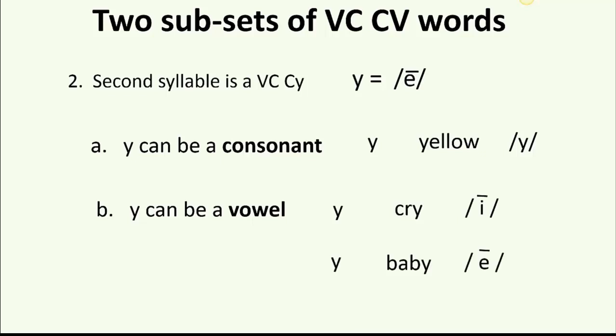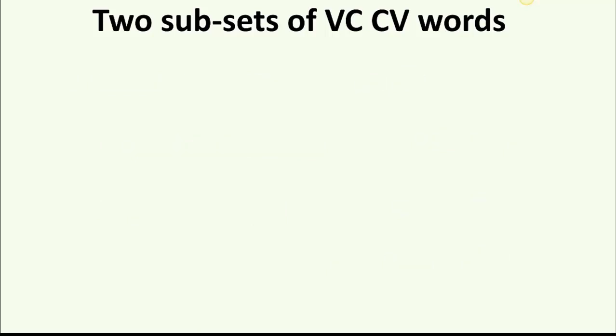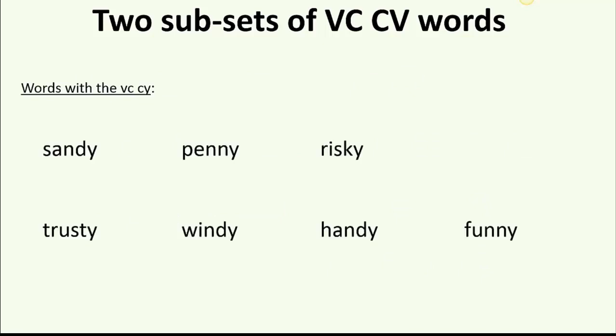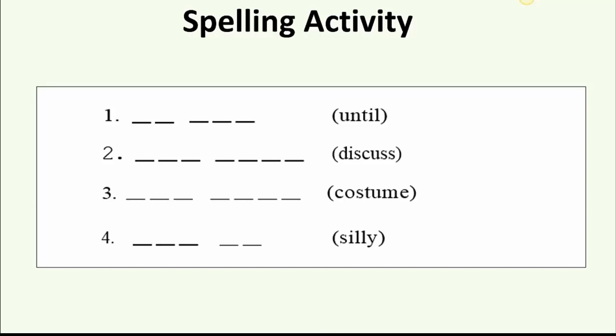These keywords with drawings should be in the student's notebook with the other sound symbol correspondences. Words with the VCCY pattern are words like the following. For both these subsets, the teacher would follow the same sequence of activities described for VCCV words. Many published materials contain lists of both these patterns.